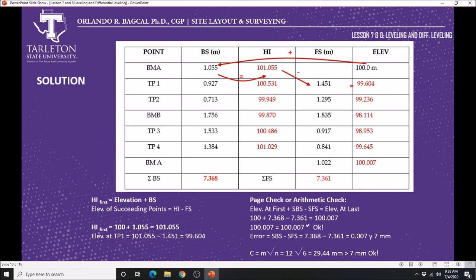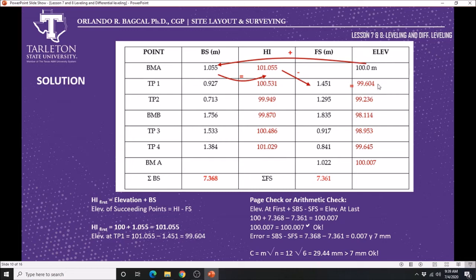The height of the instrument is equal to the elevation plus the backsight. So in this case here, the elevation plus, that's why you have here plus, your backsight is equal to the height of the instrument. And to determine the elevation of the first turning point, what you need to do is take the height of the instrument of the previous minus the foresight of that first turning point, which is equal to the elevation, and repeat the same process.